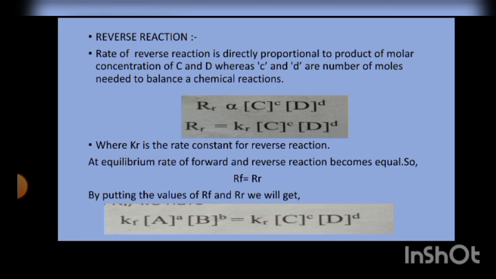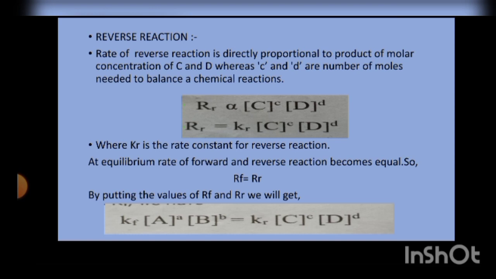For this, when we remove the proportionality sign, we have to place the rate constant, represented by Kr. K stands for the constant, and r represents that we are talking about the constant of the reverse reaction, where Kr is the rate constant for the reverse reaction.